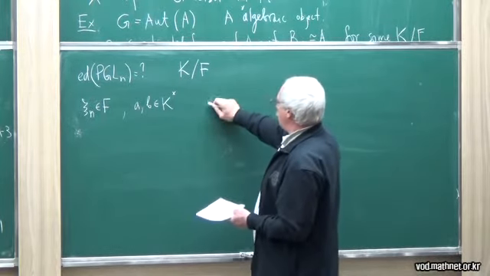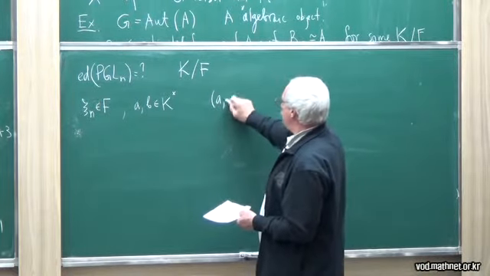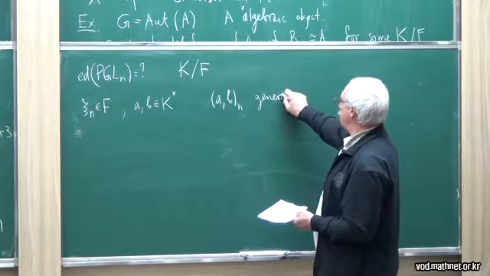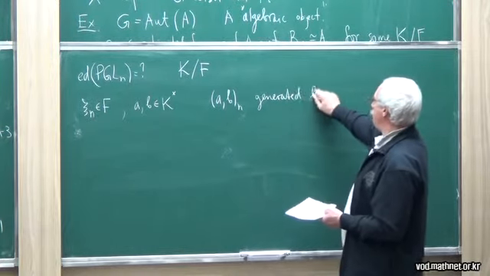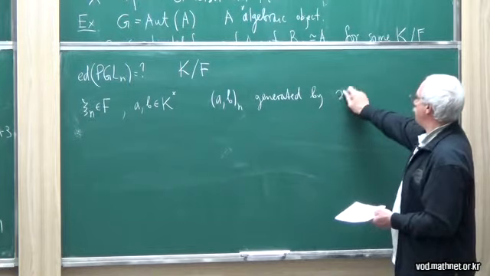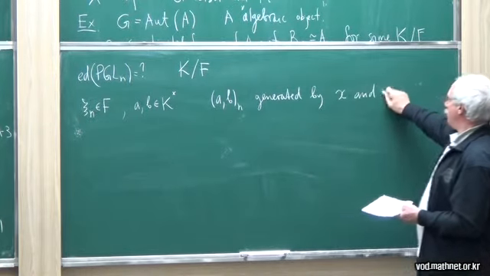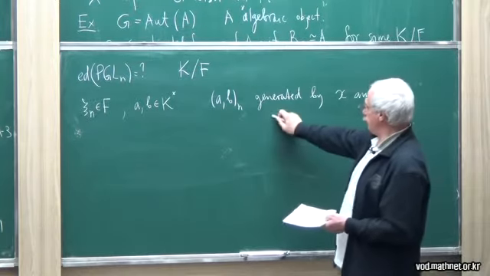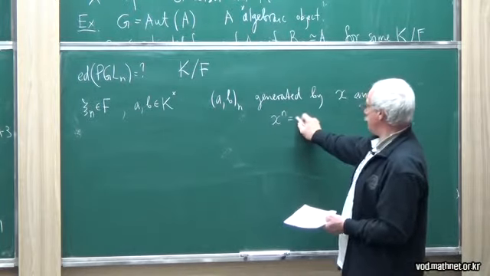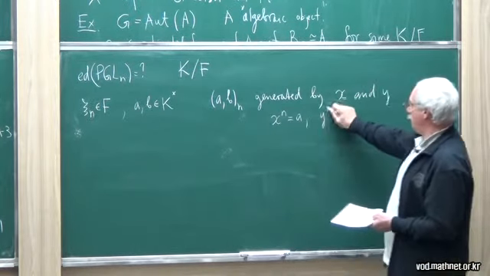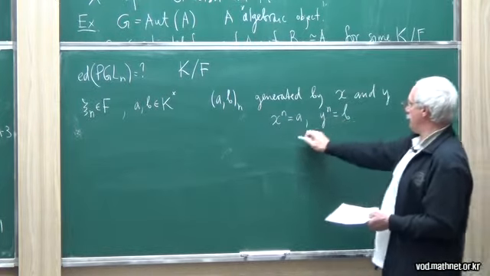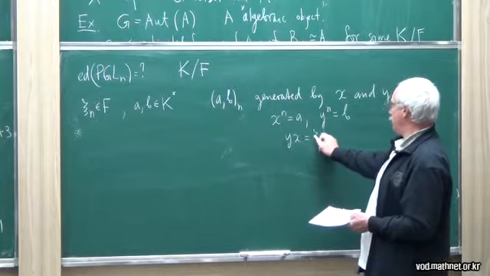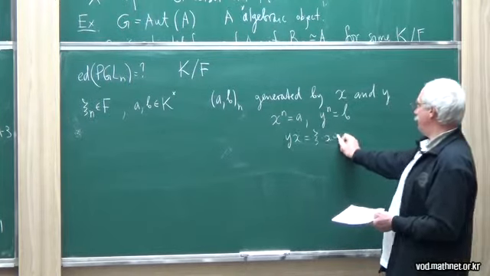I write (a, b)_n, generated by two elements, x and y, non-commuting elements, which are subject to the following relations. x to the n is a, y to the n is b, and then yx is equal to psi xy, where psi is a primitive root of unity.